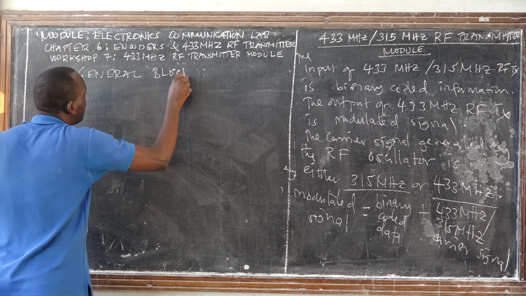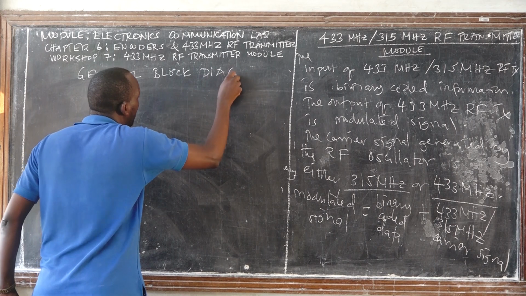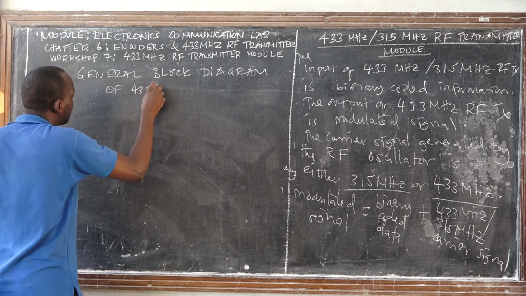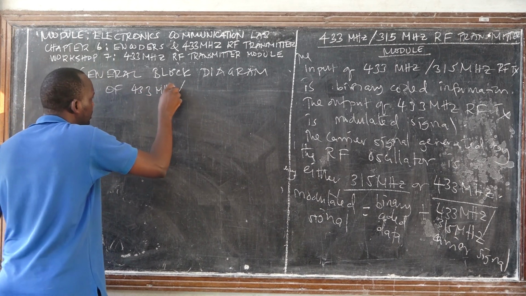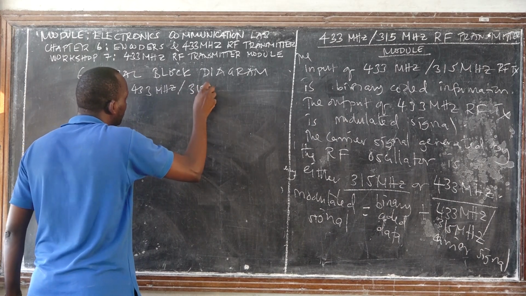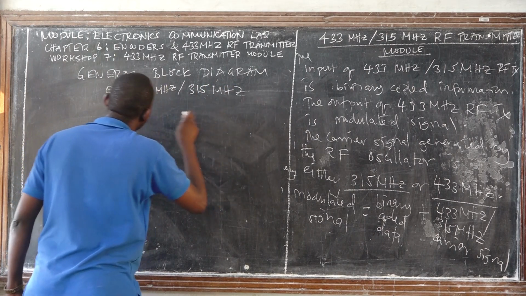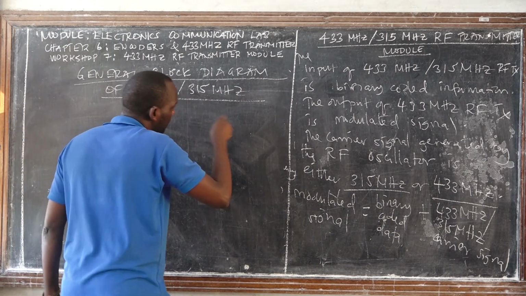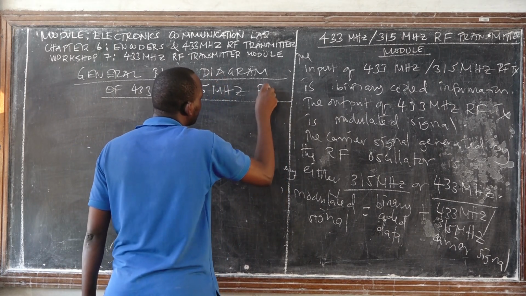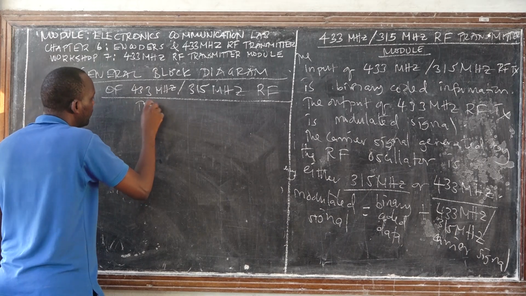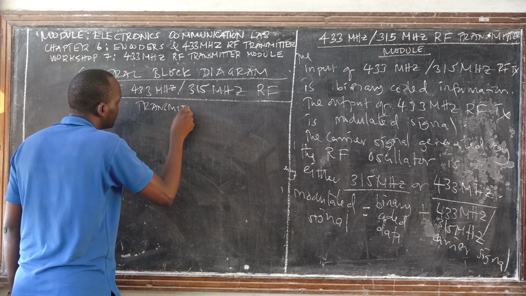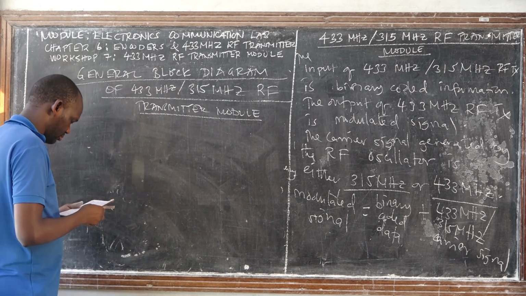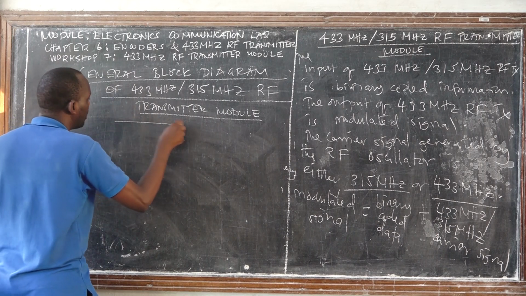General block diagram of the 433 megahertz or 315 megahertz RF transmitter. The first block.